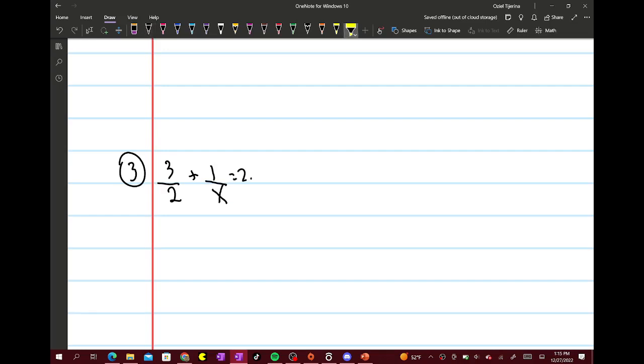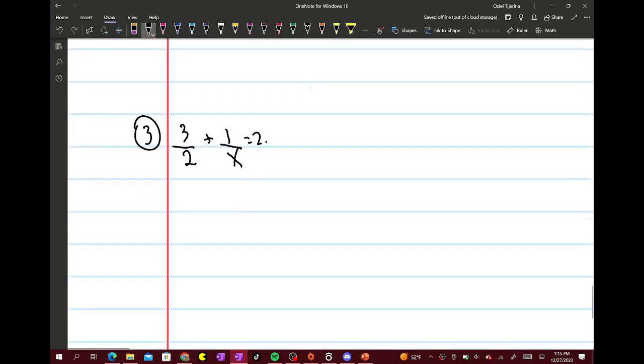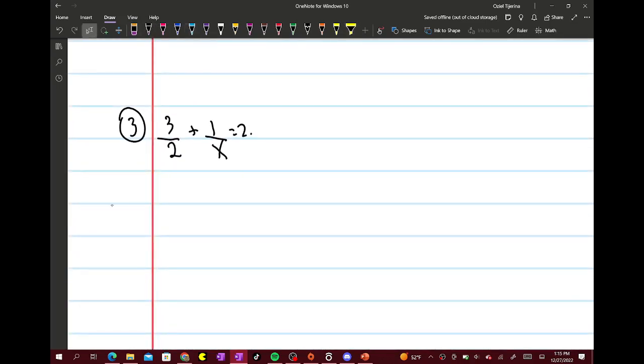Now, like I said, we want to make sure that we get the common denominator. Now here's the thing. 2 itself can be rewritten as 2 over 1, right? So we can rewrite this as 3 over 2 plus 1 over x is equal to 2 over 1.